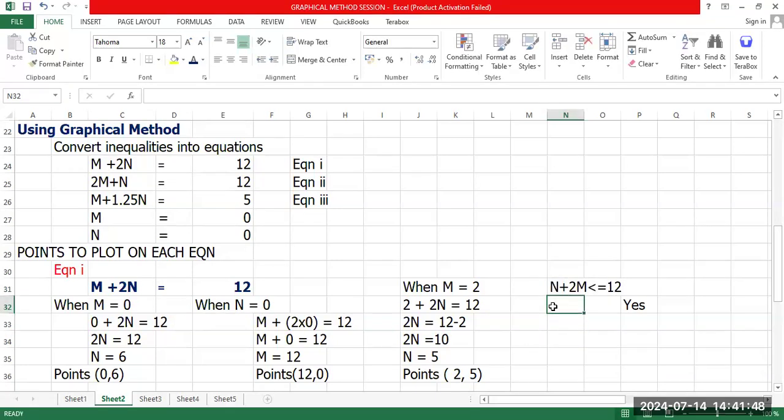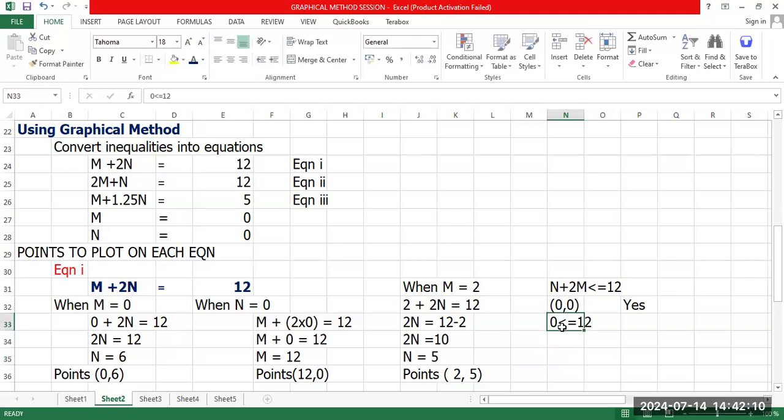So if I choose a point that is below the line, let's say 0 and 0, it means where I have n, I put 0, where I have m, I put 0. So it will be 0 is less or equal to 12.